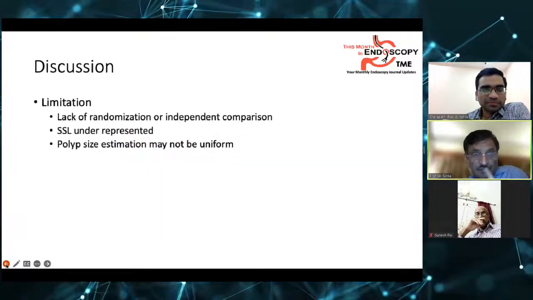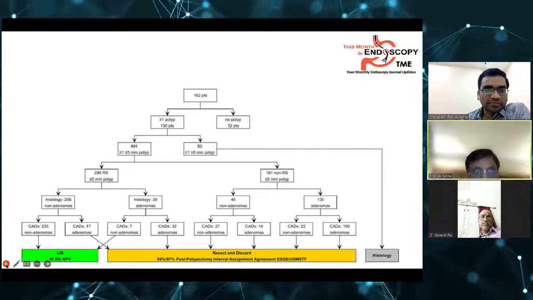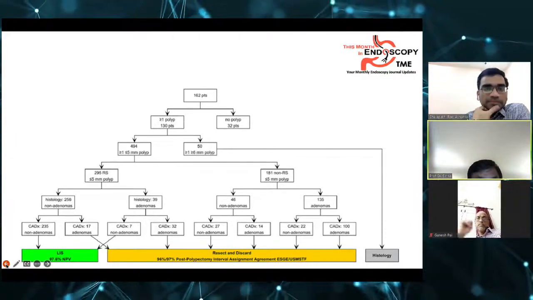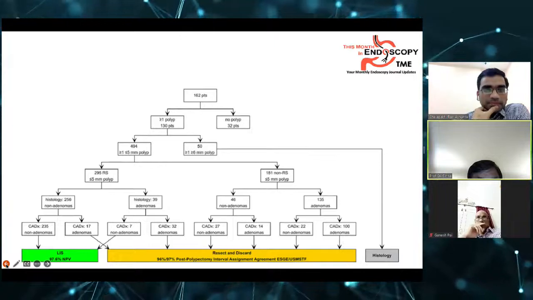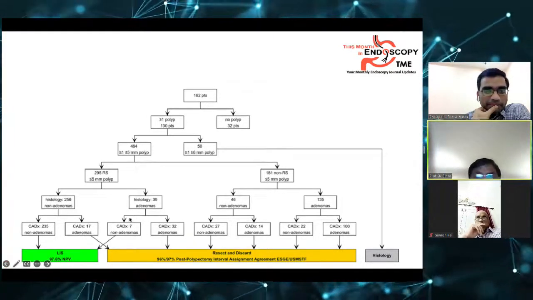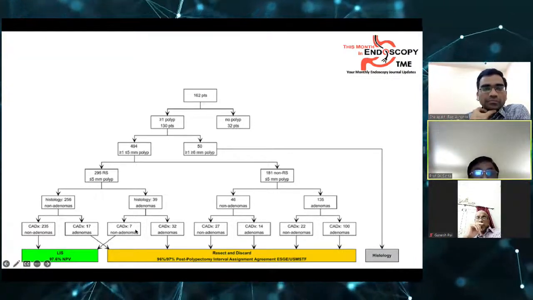So if you see the first slide initially, we have histology adenoma 39 in a small group, and it goes wrong in 7. Okay, so almost 20% it goes wrong.